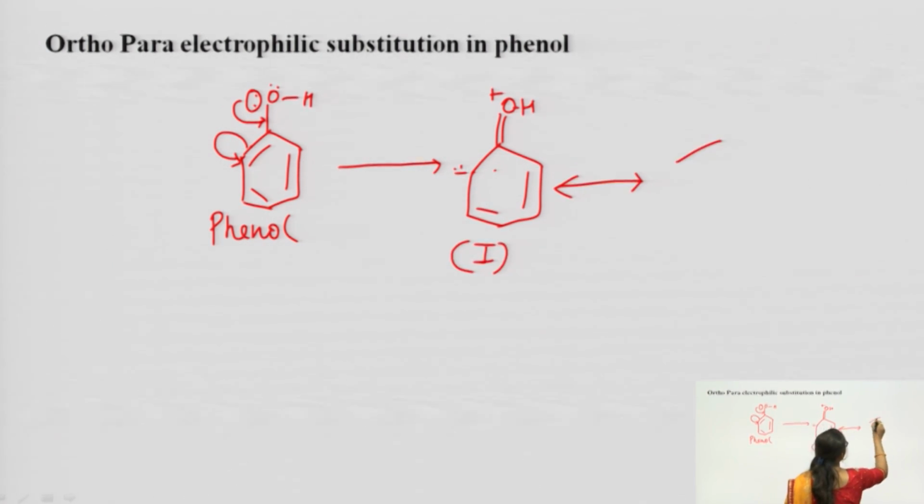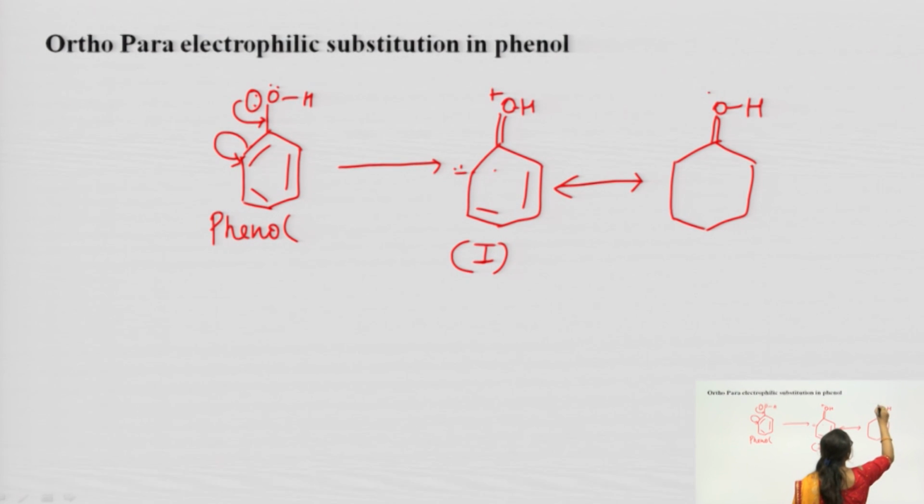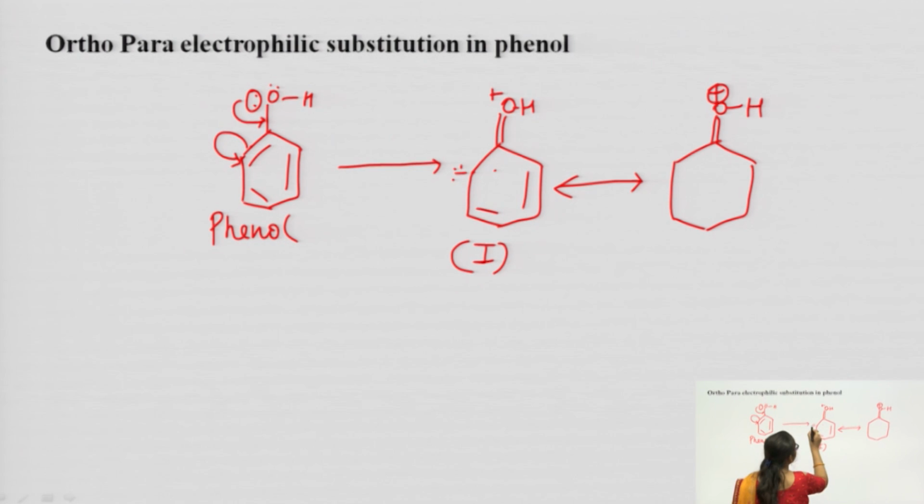In the second resonating structure, you can see how it is going to attract the electrophiles towards the ortho and para only. This must be clear to you. In this, the bond electrons shift here and this shifts here. So what happens?